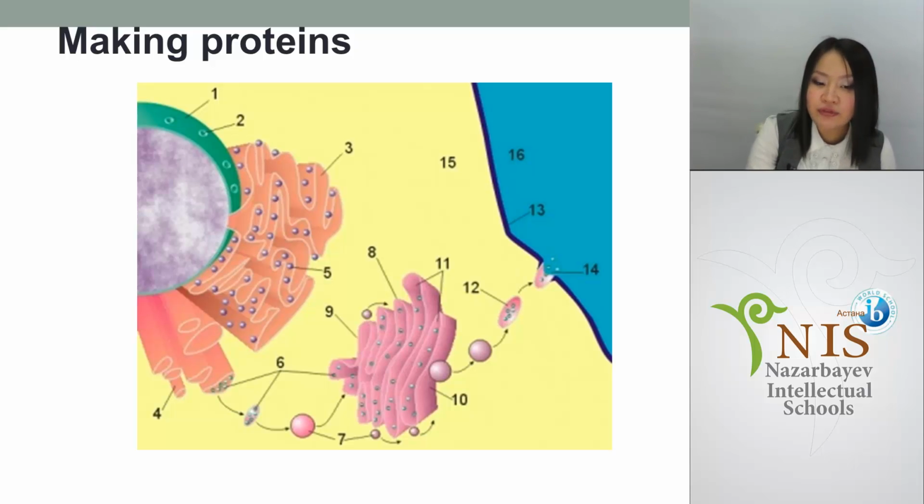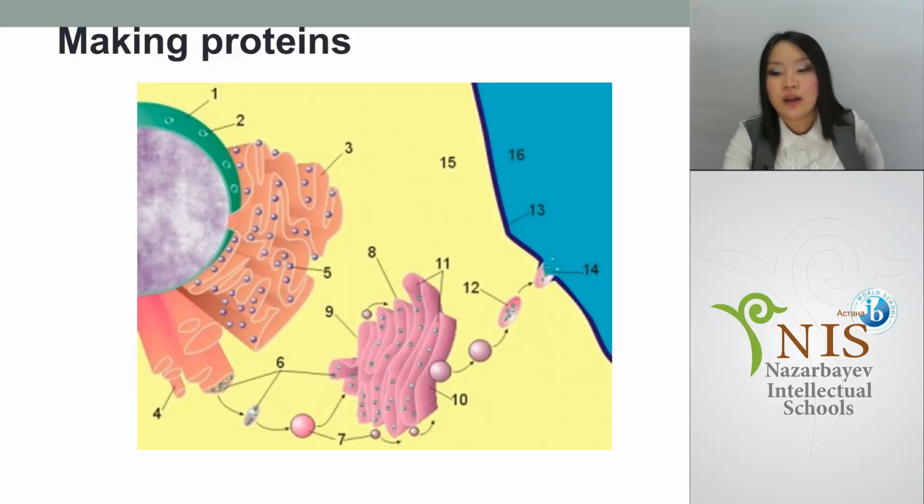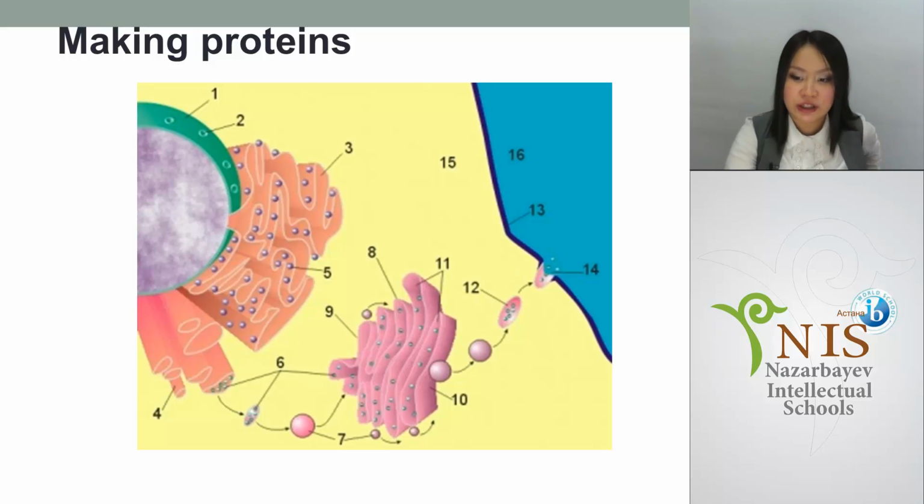Then, with the help of vesicles, Golgi apparatus number 7, this vesicle will give that protein into the Golgi apparatus. The Golgi apparatus will modify that protein, and then with the help of a vesicle it will go to number 12, you see, then you see number 14.